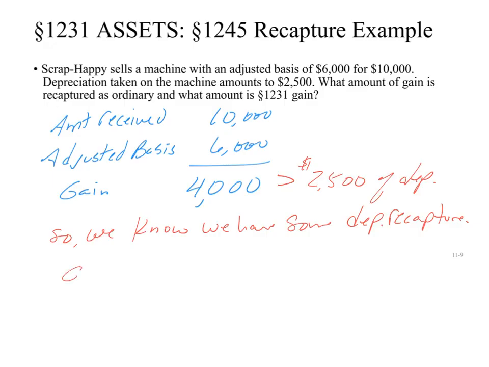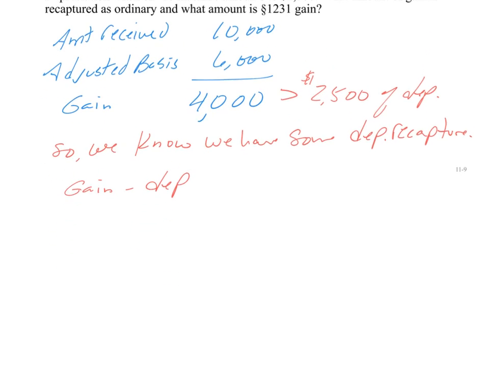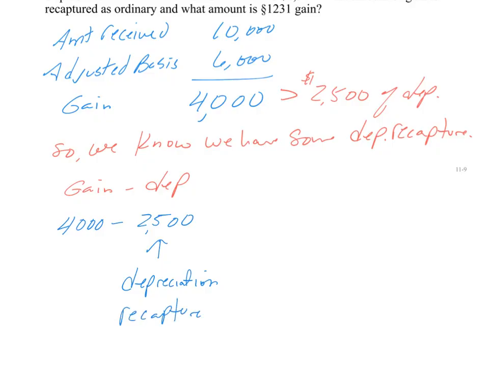Okay, how much depreciation do we have to recapture? Well, let's look at our gain minus depreciation. All right, so our gain is $4,000 minus $2,500. This is our depreciation recapture.